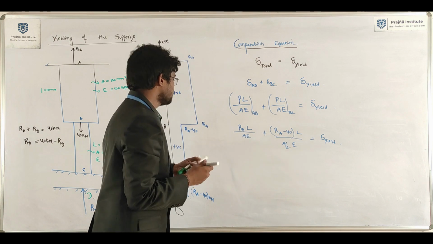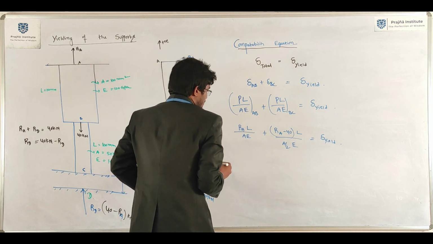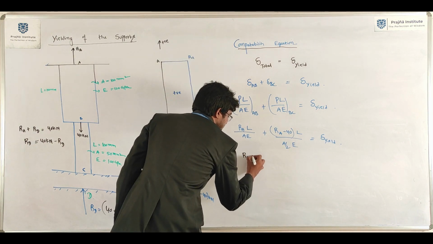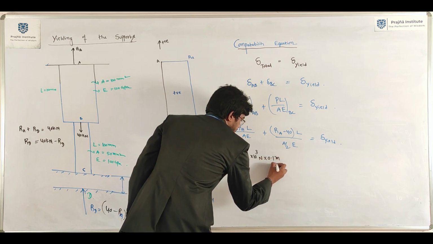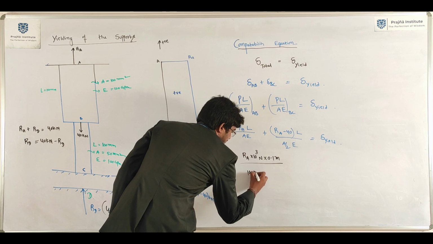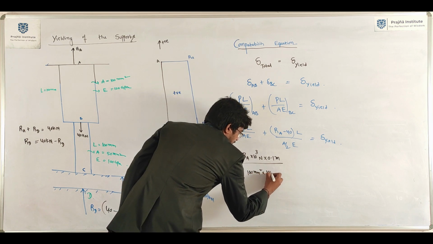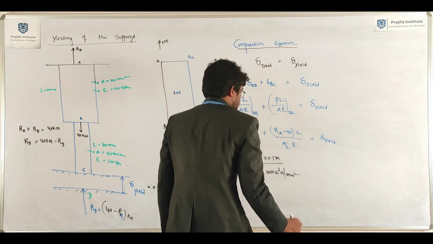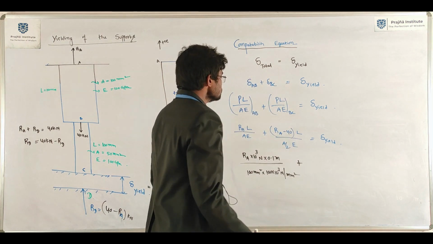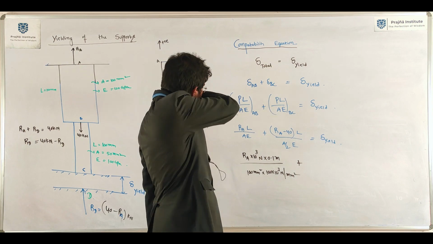Just substitute RA in kilonewton, 0.1 meter, 100 mm square, 100 into 10 cube Newton per mm square. Or else you can directly substitute.